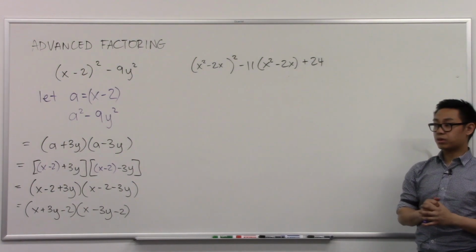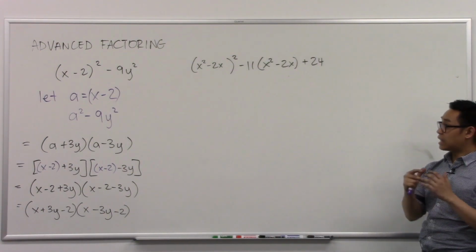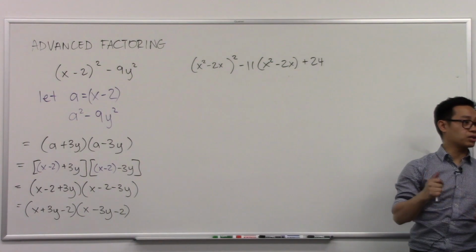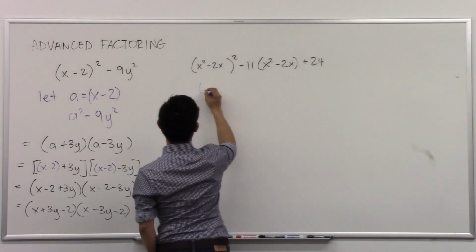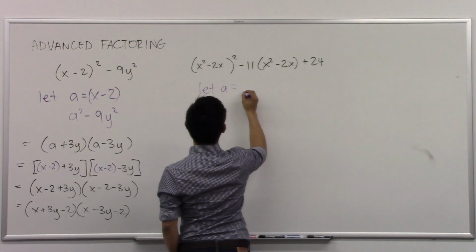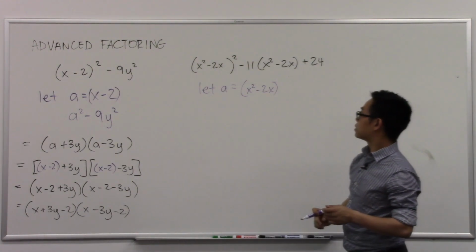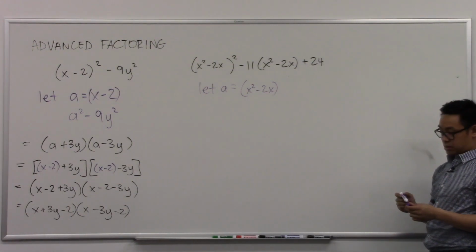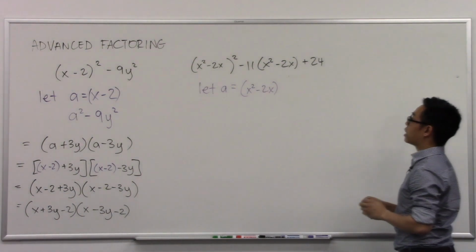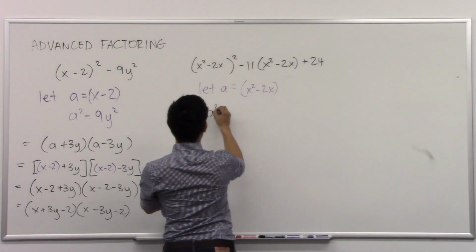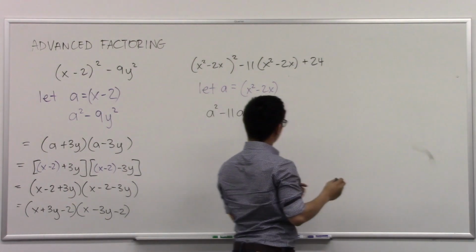What's the first thing I would do here? I'd make it simpler on myself by letting a equal x squared minus 2x. So I'd say let a equal bracket x squared minus 2x. That changes my expression to become a squared minus 11a plus 24.